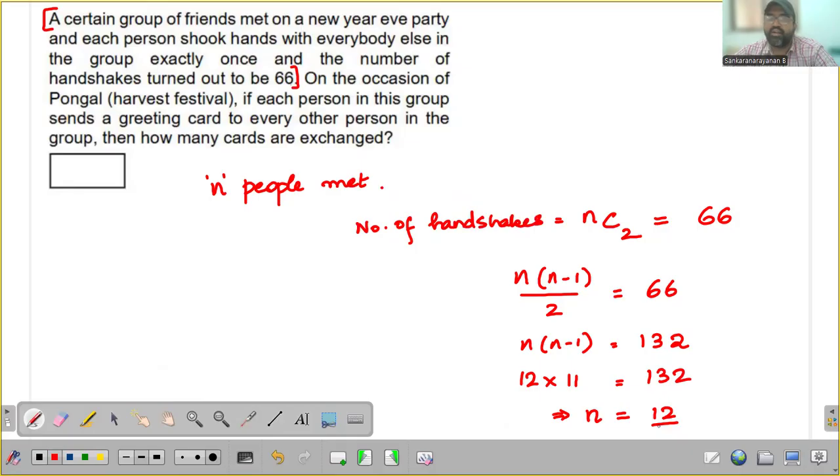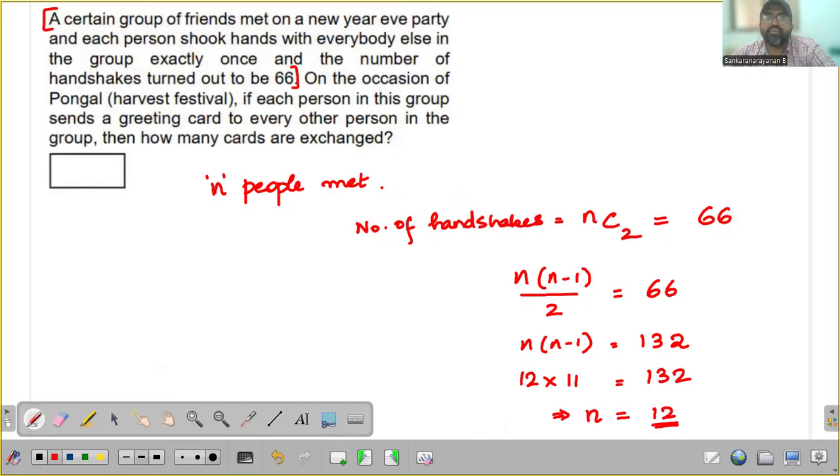So from this, I can see that the number of people who attended that party is equal to 12. Because when 12 people met and shook hands exactly once, then the total number of handshakes will be 12C2, which is 12 into 11 by 1 into 2. That is nothing but 6 into 11, 66. It tallies with what is given here.